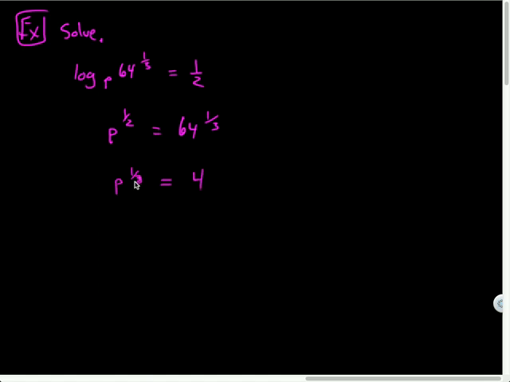Then how would I solve for p? You could square both sides, or you could imagine that the 1/2 power is the square root, so to undo a square root, you square. Whichever way you think about it, p is equal to 16.